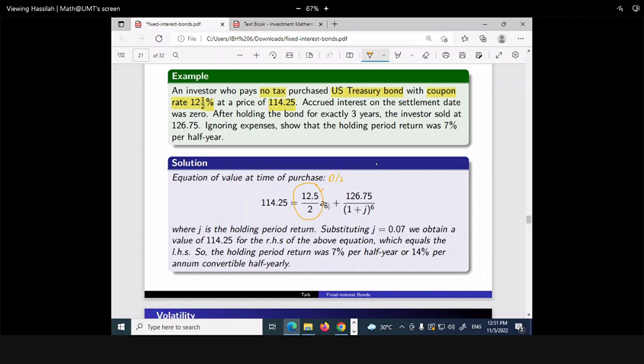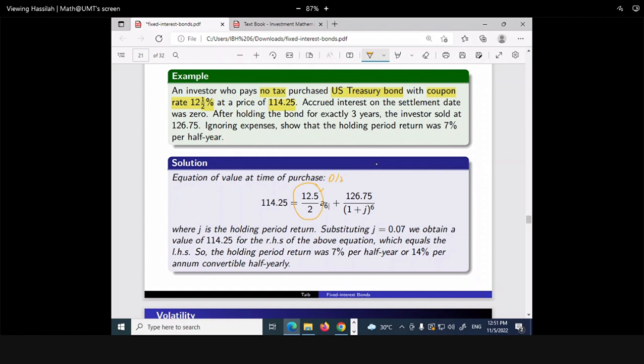Accrued interest on the settlement date was 0. Accrued interest tak ada sebab dia betul-betul pada settlement date. Remember, hopefully you boleh bayang macam mana accrued interest tu yang kita dah bincangkan dalam bentuk graf.